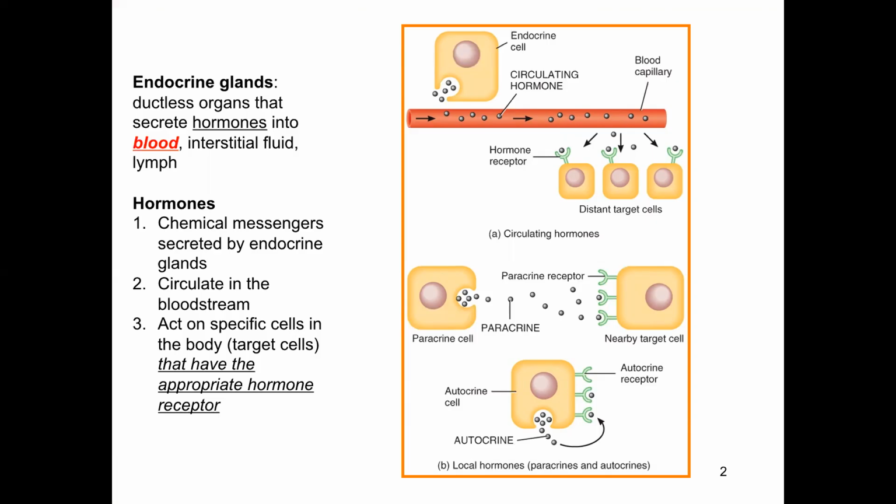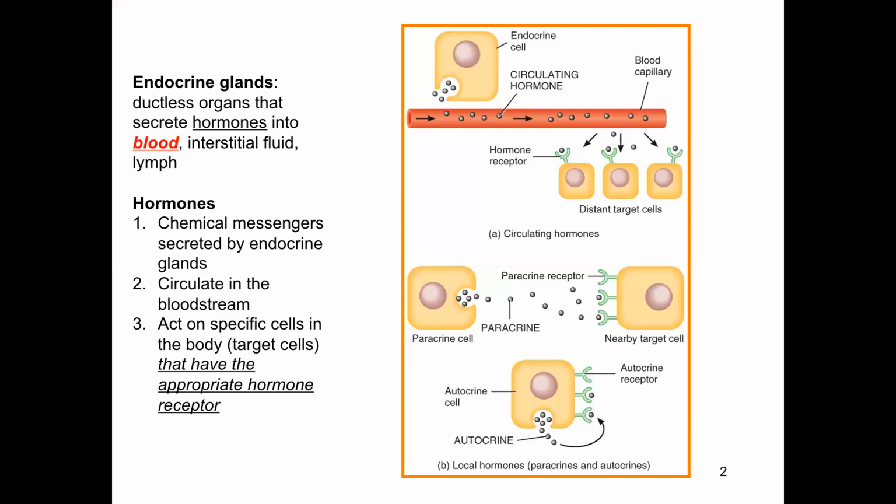So what are they? Well, they're chemical messengers. They're circulating in the bloodstream, and they're only acting on those specific cells, the target cells that have the appropriate receptor. Something you want to keep in mind is that there are hormones that act in what we call a paracrine fashion, meaning very locally, so they don't have to go into the bloodstream, but go into the tissue.